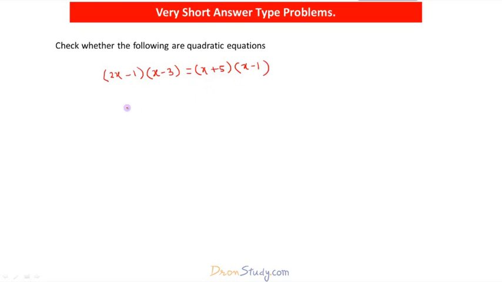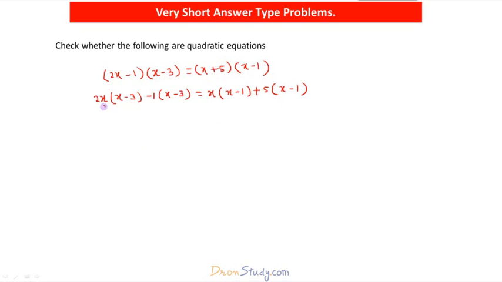Now here we will solve both the sides. So multiply these two brackets. First multiply by 2x to the second bracket, then by minus 1 to the second bracket. Similarly to the right hand side, x into bracket x minus 1 plus 5 into bracket x minus 1.